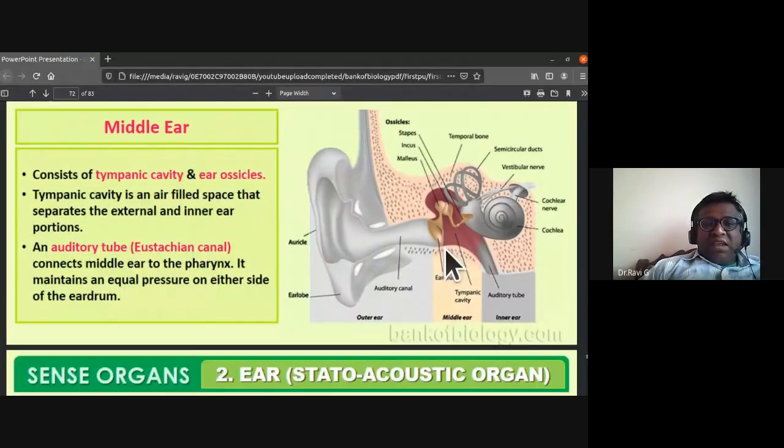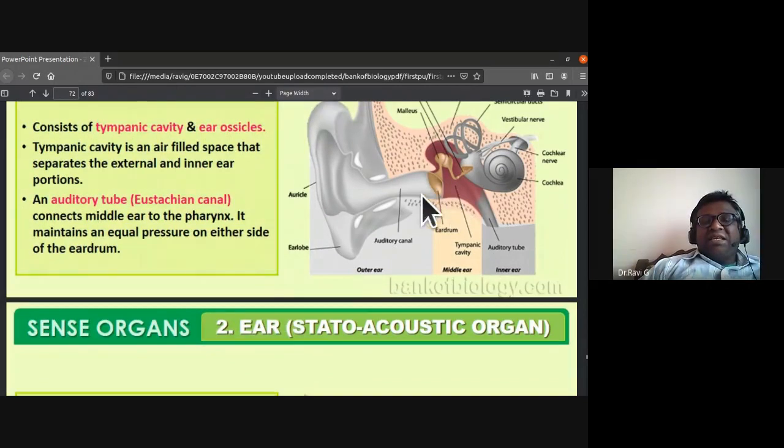The tympanic cavity is an air-filled space that separates the external ear and inner ear portions. An auditory tube, or eustachian canal, connects the middle ear to the pharynx.